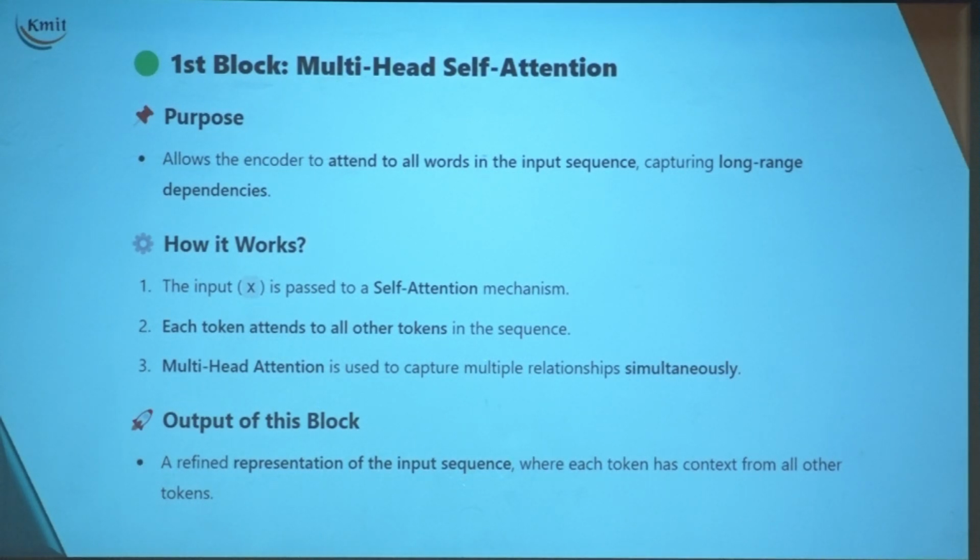Now, how does that work? First, the input X is passed to which block? The self-attention block. Each token attends to all other tokens in the sequence. This is self-attention. Each token will attend to what? All other tokens in the sequence, which is self-attention. Now, attention is all about what? Q, K, V, value generation of each word.